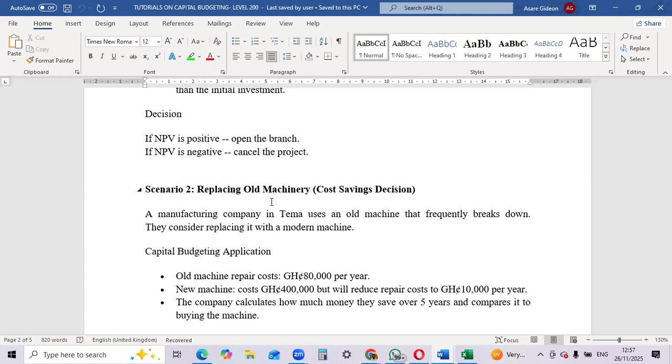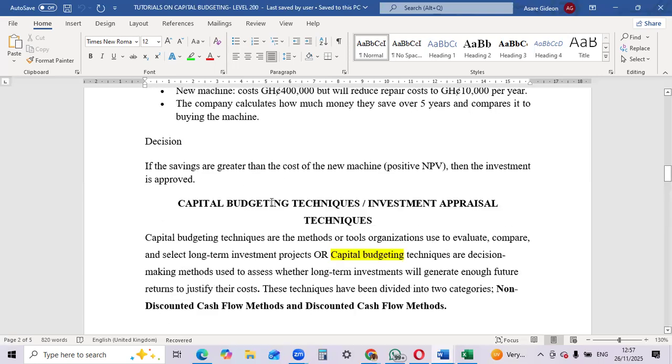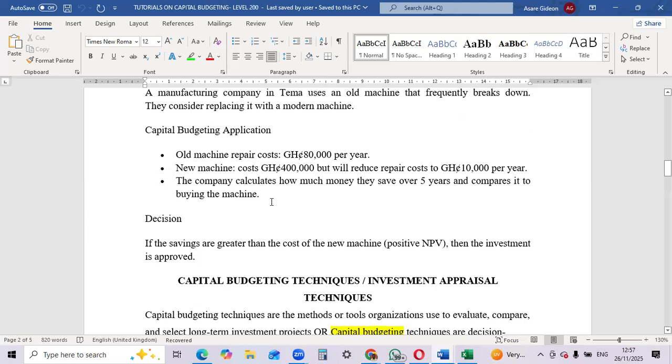Now, for the next 5 years, if you're a rational investor, what are you going to do? Now realize that when we decide to buy the new machine, which is the 400,000 cedis, and comparing that to the old machine for the next 5 years, we are going to be able to reduce repair cost to 10,000 Ghana cedis per year.